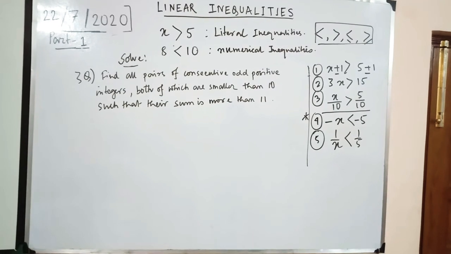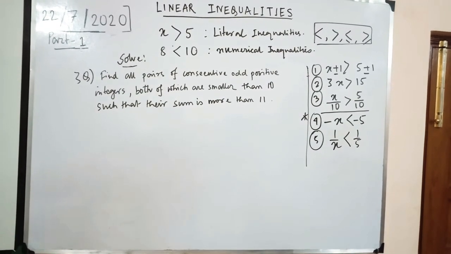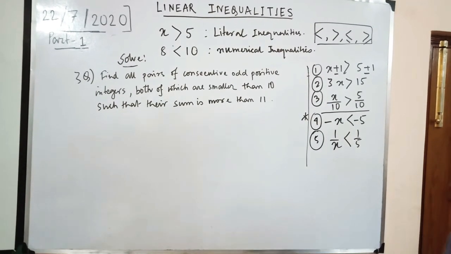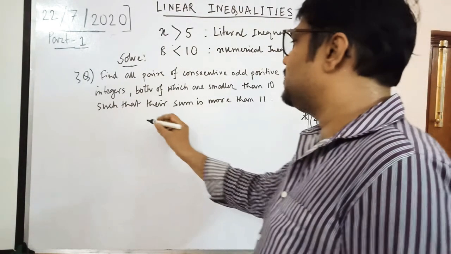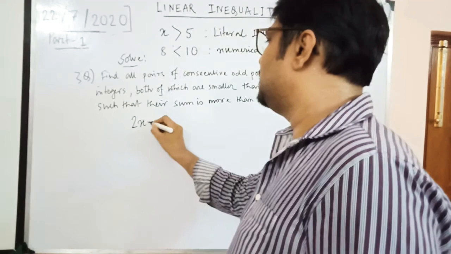Okay, we get another sum over here. This is a problem sum. Find all pairs of consecutive odd positive integers both of which are smaller than 10, such that their sum is more than 11. So let us take the consecutive odd integers.